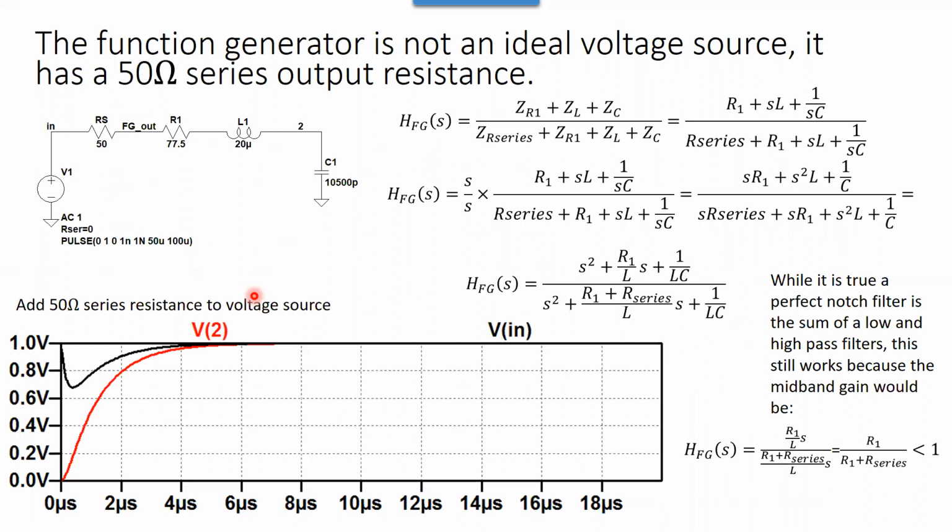Well, I'll tell you. R1 was 75, and the function generator has an internal impedance of 50, right? So in fact, you're getting a voltage division, this FG out here, right? Which when you calculate that out, you in fact get a notch filter, right? Now you don't want a notch filter.